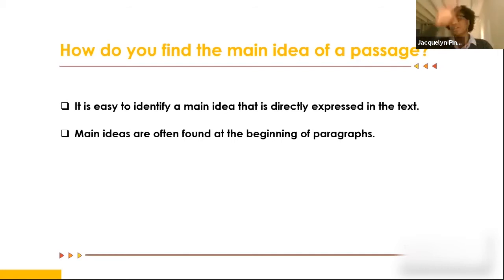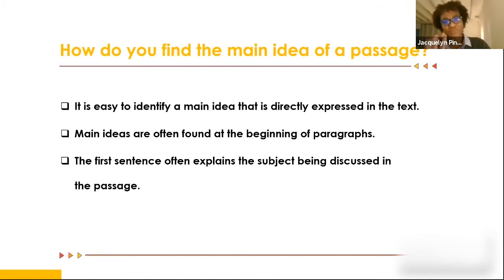Sometimes a story just starts out of nowhere, right? And it takes a while to get at the theme and the main idea, right? So it's a little bit different. But as we learned when we were in 3rd grade, or maybe it's 4th grade, maybe it's 2nd grade for some of you, the first sentence often explains the subject being discussed in the passage.